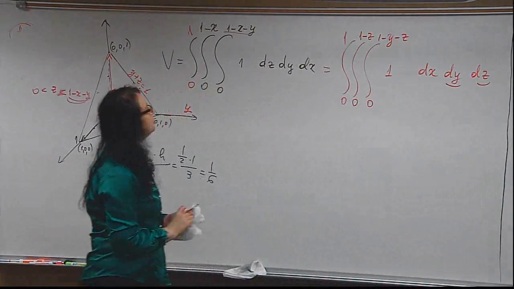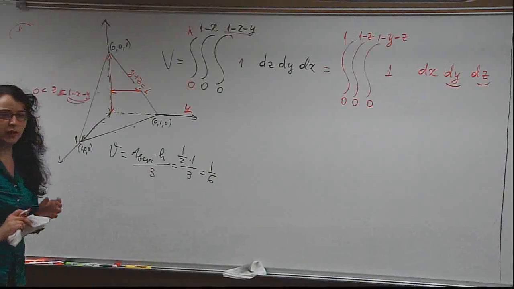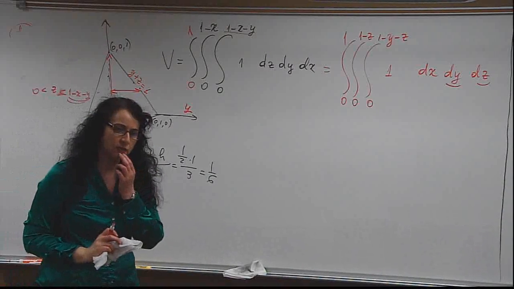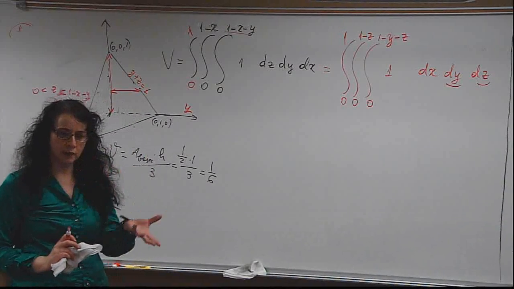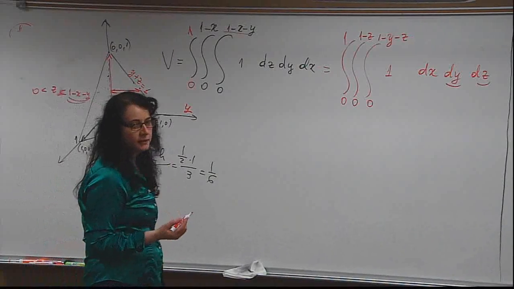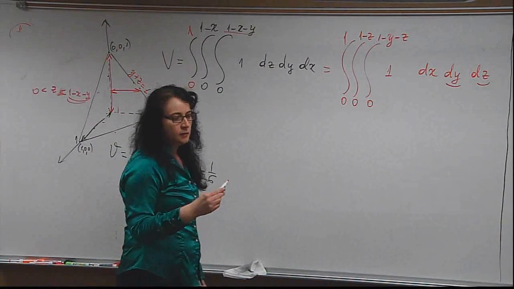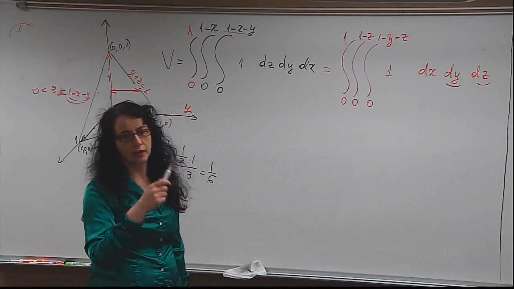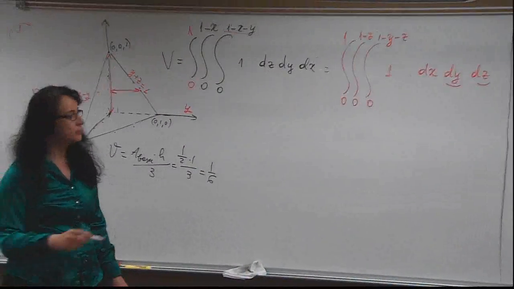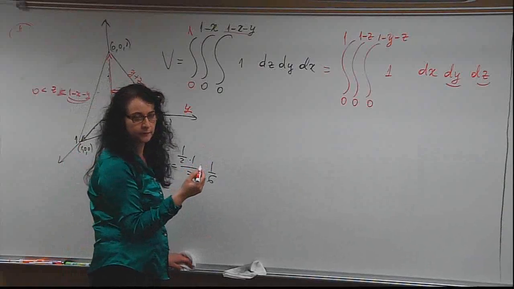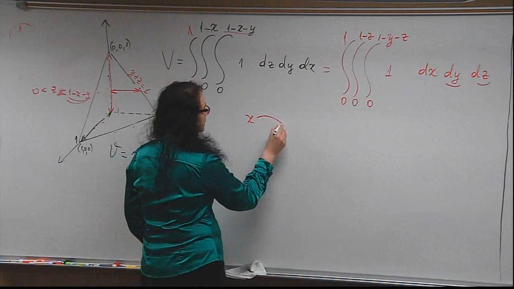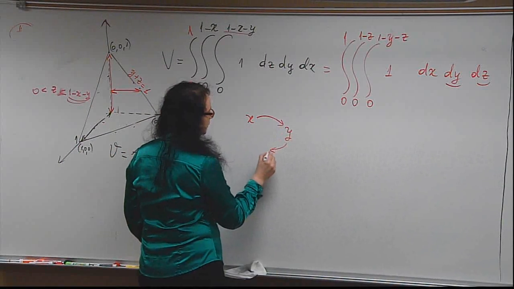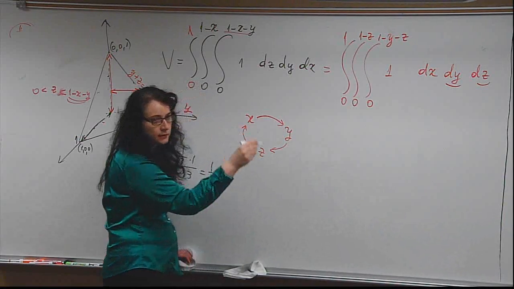So how can you be even smarter? Do you guys play cards? It's like in cards that after the king, the ace is coming, and after the ace, 2, 3. So it's a circular permutation, in the sense that x can be replaced by y, can be replaced by z, can be replaced by x, and so on.